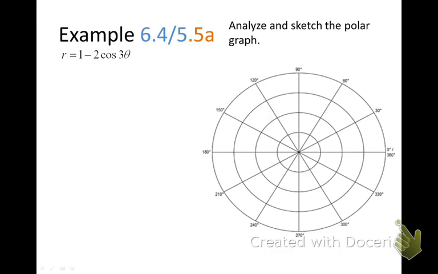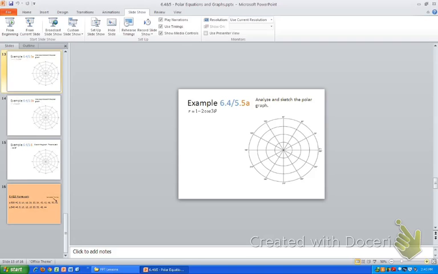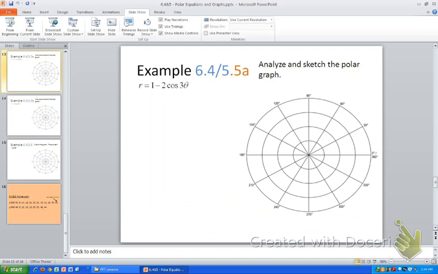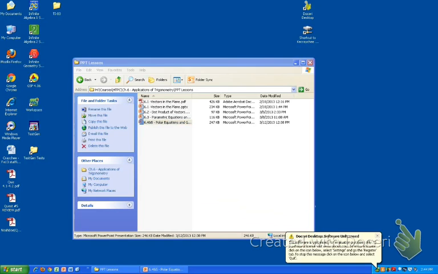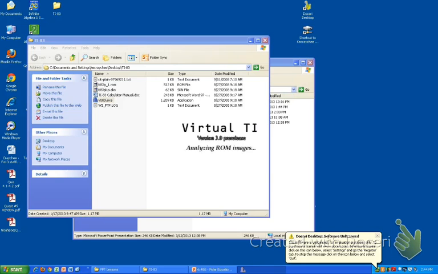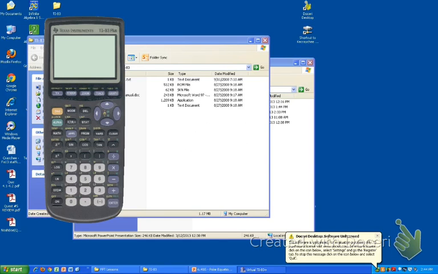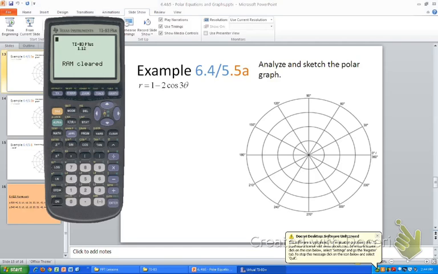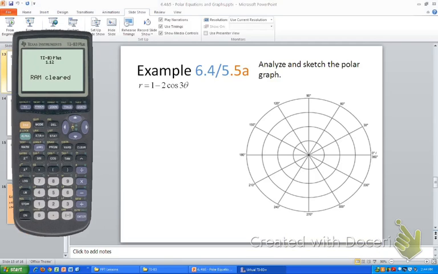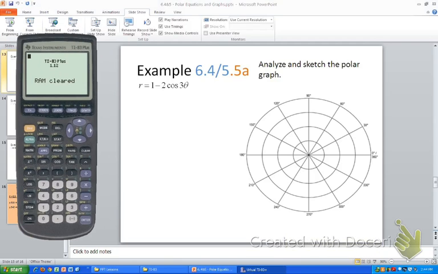All right, so let me pull up that calculator. How do you plot things on your calculator in polar? Go to the same place we went to the other day for parametric. So go to mode.